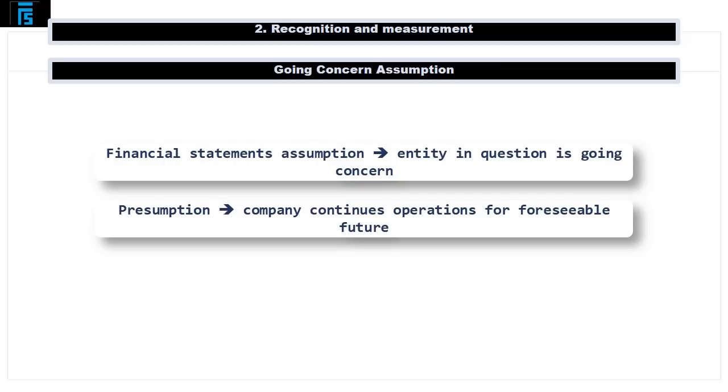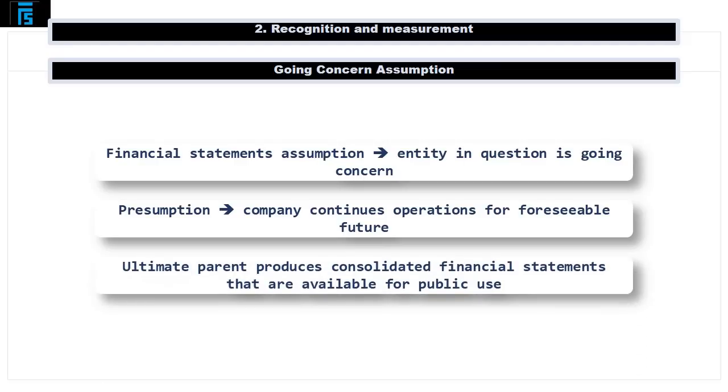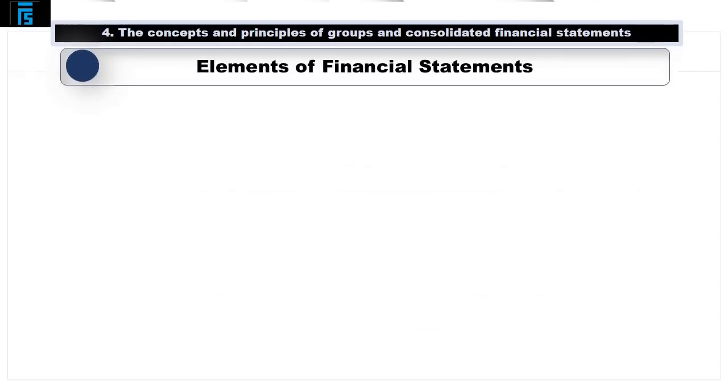Accordingly, there is an underlying presumption that the company will continue its operations for the foreseeable future and that it has neither the intention nor the need to liquidate or reduce materially the scale of its operations. If it is the case that such an intention or need exists, the company's financial statements may have to be prepared on a different basis, and if so, the basis used must be disclosed.